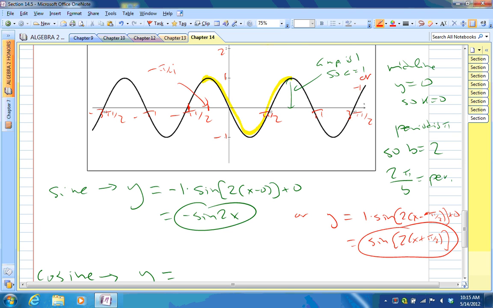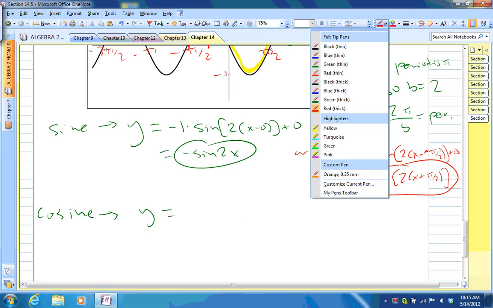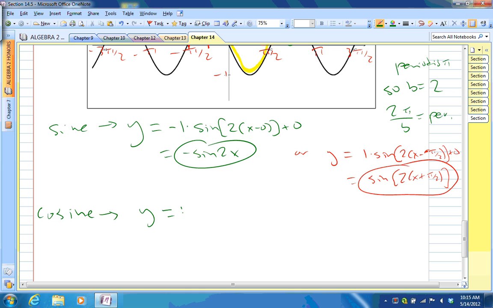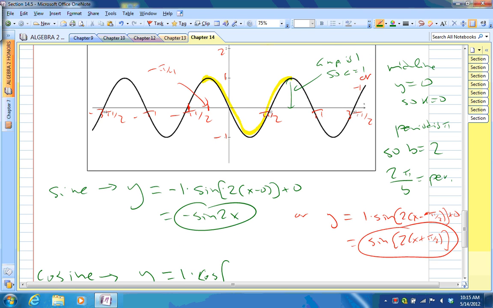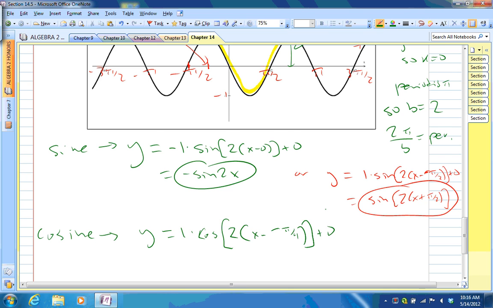So, given that it's starting at negative pi over 4, and it's starting at its peak, we could say the following. 1 times cosine. So y equals 1 times cosine of, the period's pi, so b is 2, x minus negative pi over 4, plus 0.